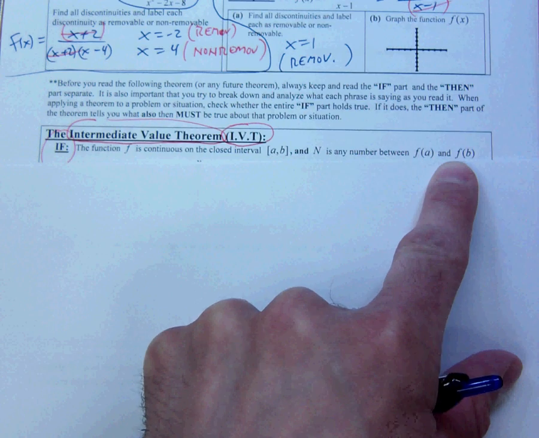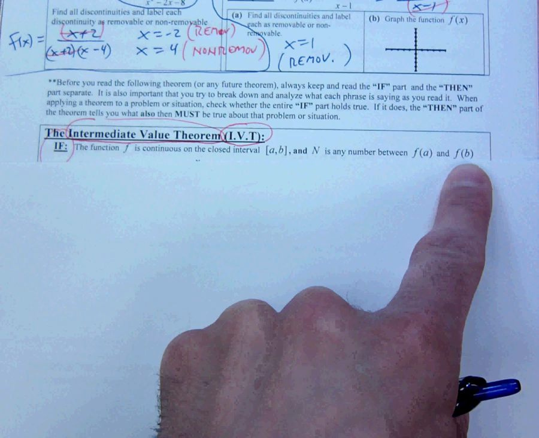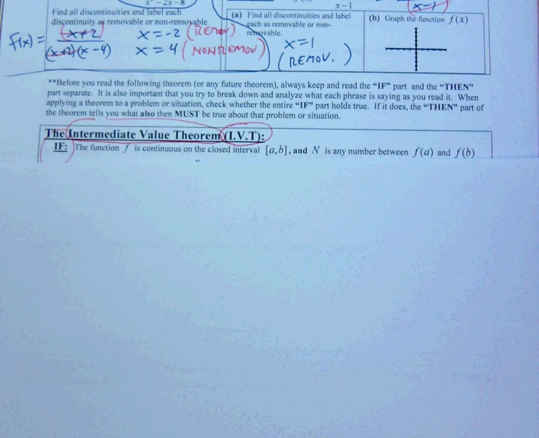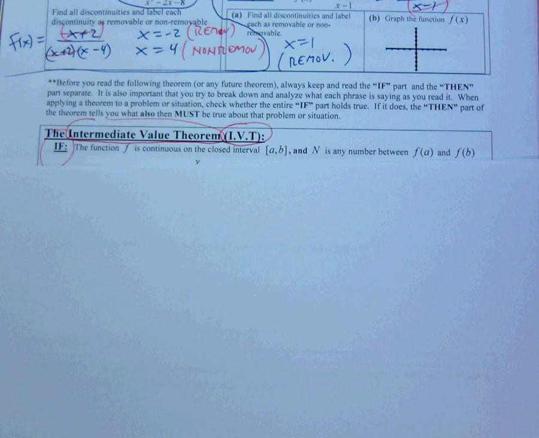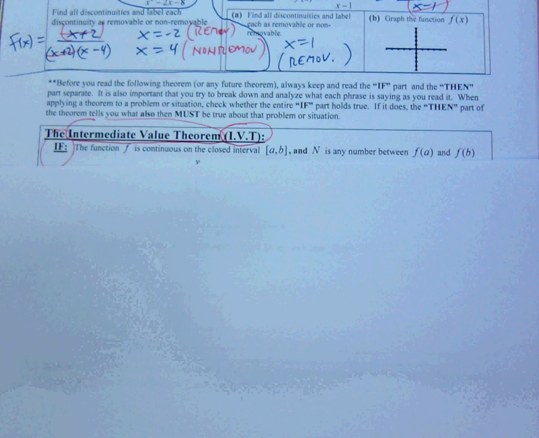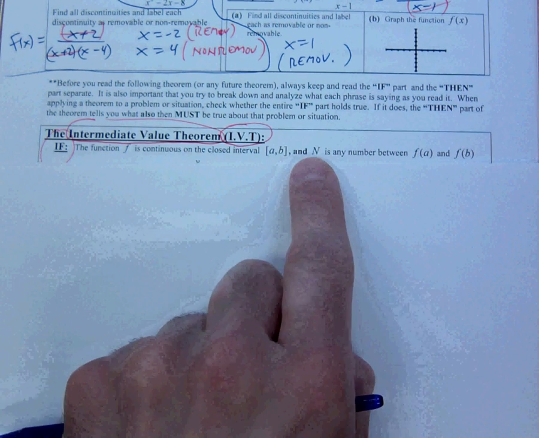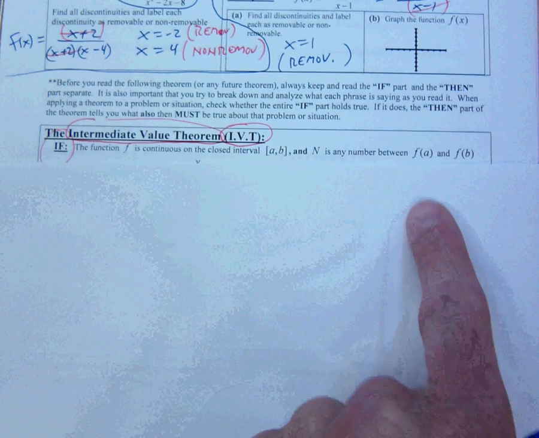And then n must be some y value in between those two y values. Does that make sense? You see how I'm slowly reading it and picturing what they're talking about? So again, let me back up. We've got a function with no holes, breaks, jumps, or vertical asymptotes, and we're starting with some y value n that's in between the y values f of a and f of b.